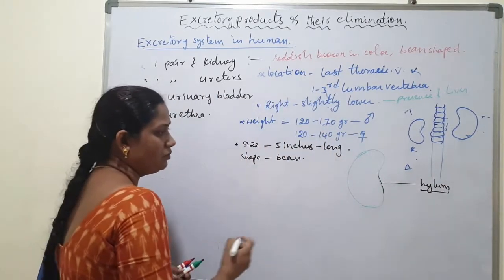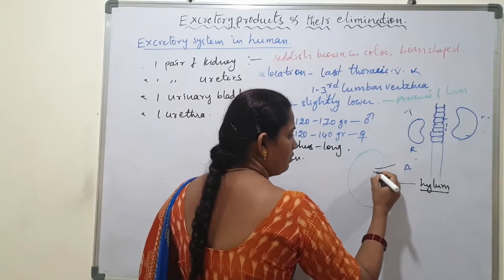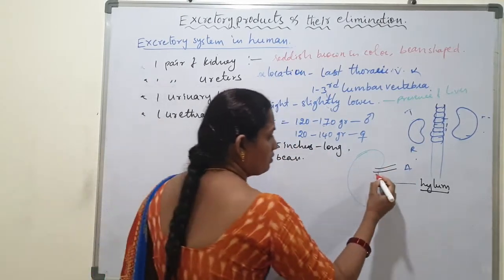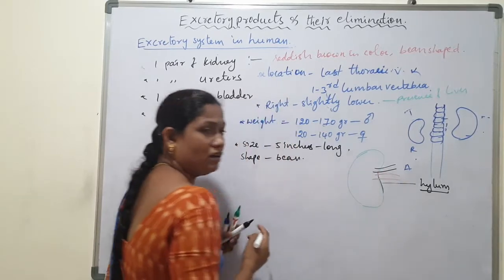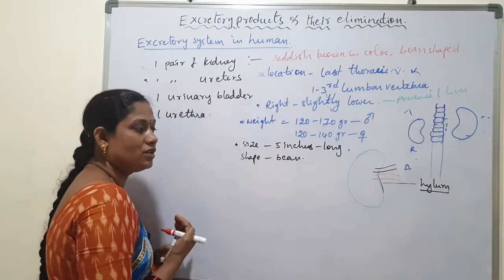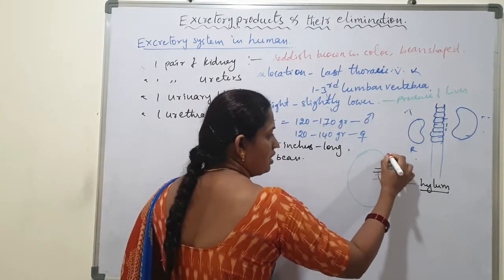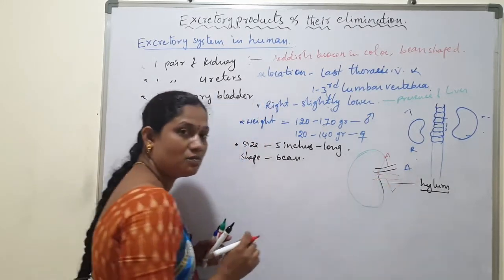Through the hilum, one artery enters inside and one vein comes out.